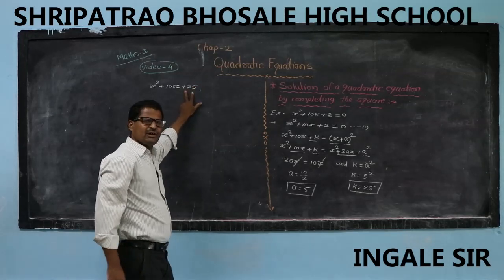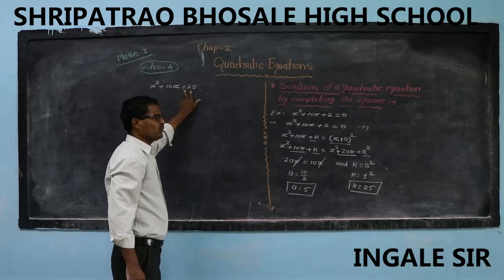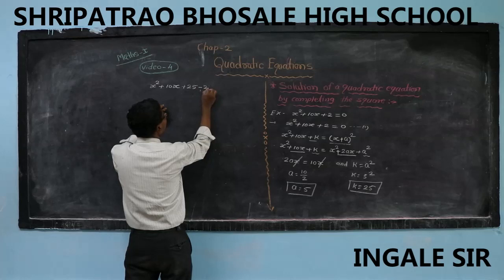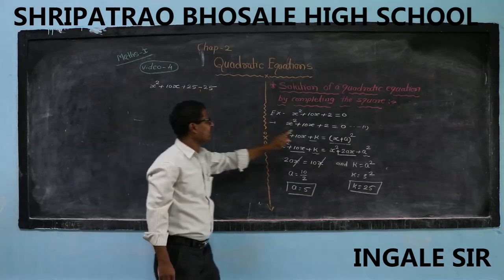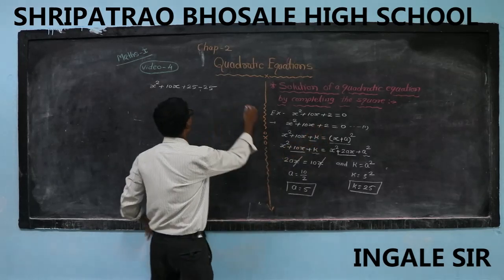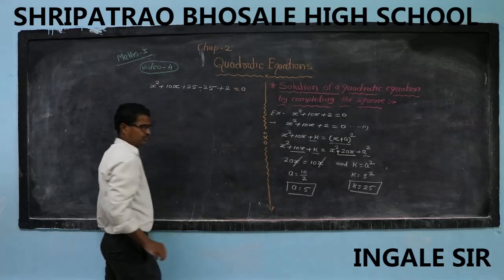Here the third term is always positive, so we take +25. So we have to eliminate it: take −25. Take +25 −25. And then again we write the third term, +2 = 0.